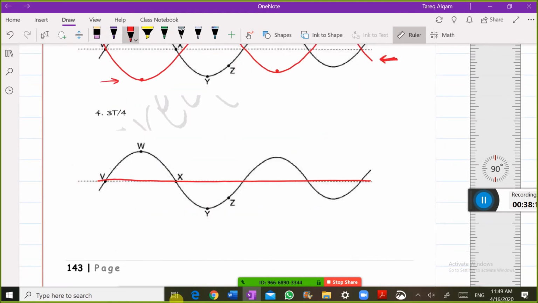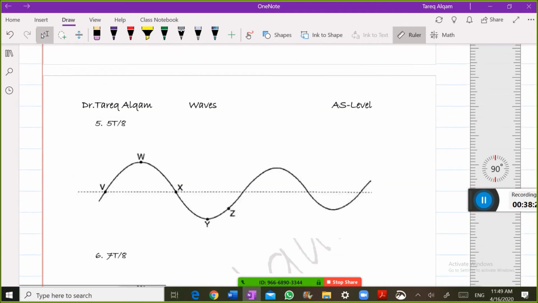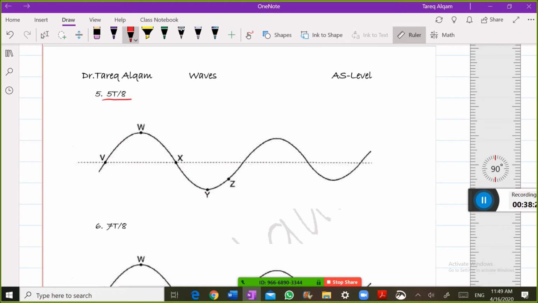After 5T over 8, after what? 5T over 8. Guys, pay attention now. This is 0, right? At this moment, it's 0. At this moment, it's 1/8. At this moment, it's what? Quarter cycle or 2/8.